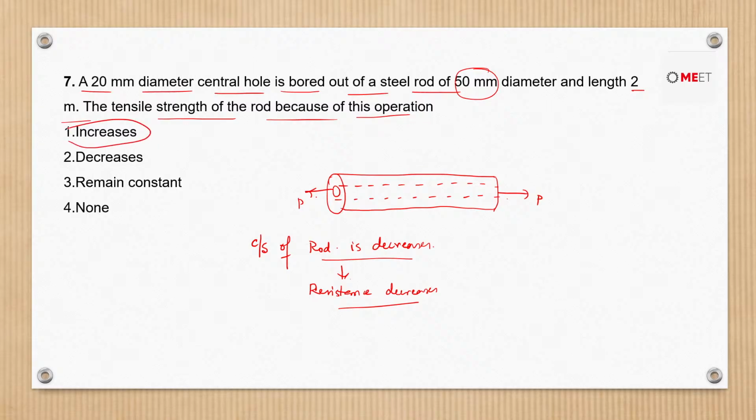Once the cross section has decreased, the tensile strength of the rod will also decrease. That is, option 2 is the answer. The strength of the rod decreases.